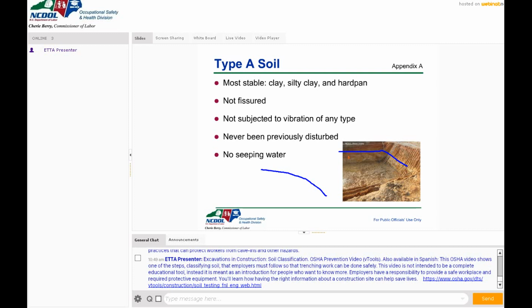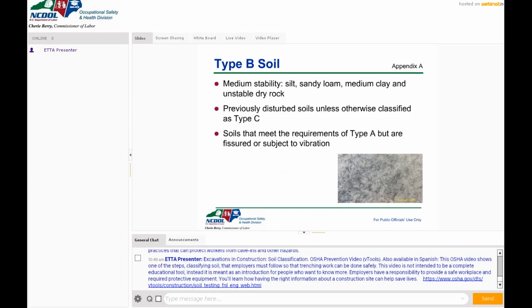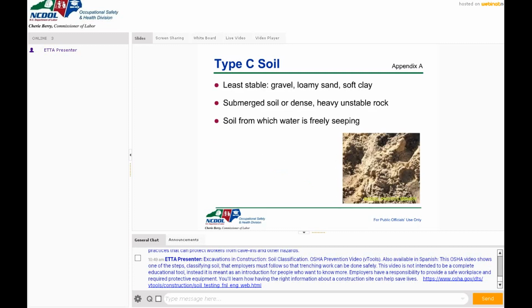B soil is basically similar as well. And like I said, I'm not going to read all these to you because you can look them up.